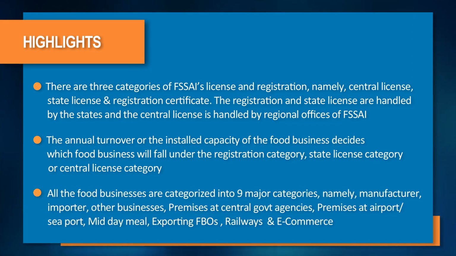All the food businesses are categorized into 9 major categories, namely manufacturer, importer, other businesses, premises at central government agencies, premises at airport or seaport, midday meal, exporting FBOs, railways, and e-commerce.